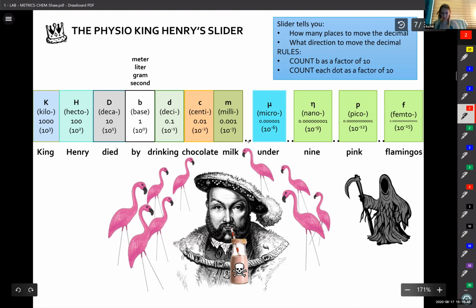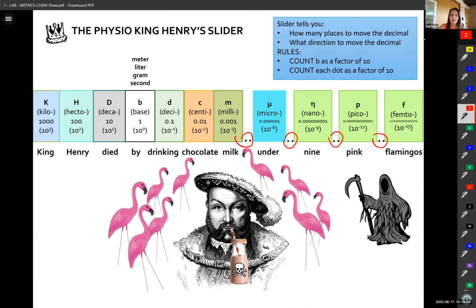If you see these dots here, here, here, and let me squeeze them in on the end here, when we read this out, these will be our dramatic pauses. King-Henry died by drinking chocolate milk, under, 9, pink, flamingos. Each one of those dots is a space holder for a magnitude of 10 difference.